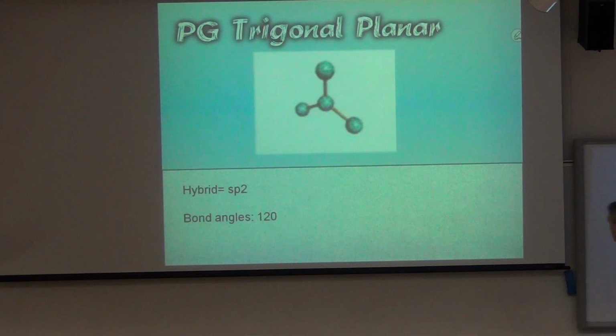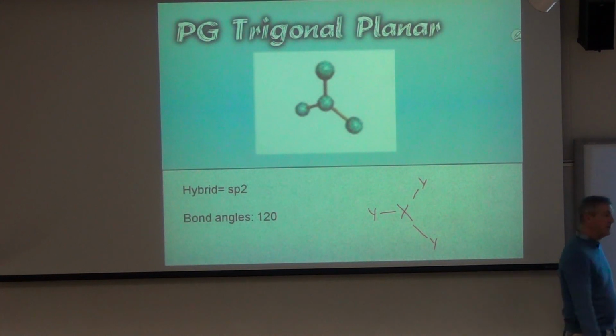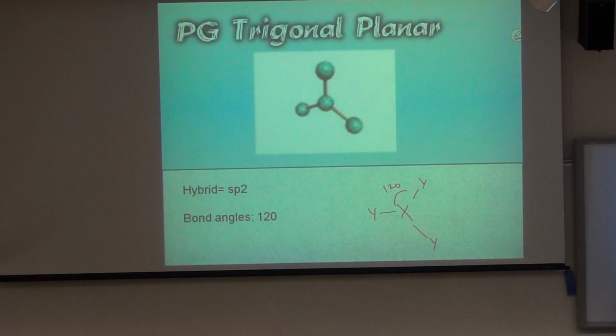As we just said, our bond angles are going to be 120 degrees, so to the best of your ability, you're going to draw 3 lines that are equally spaced. 120, 120, and 120.